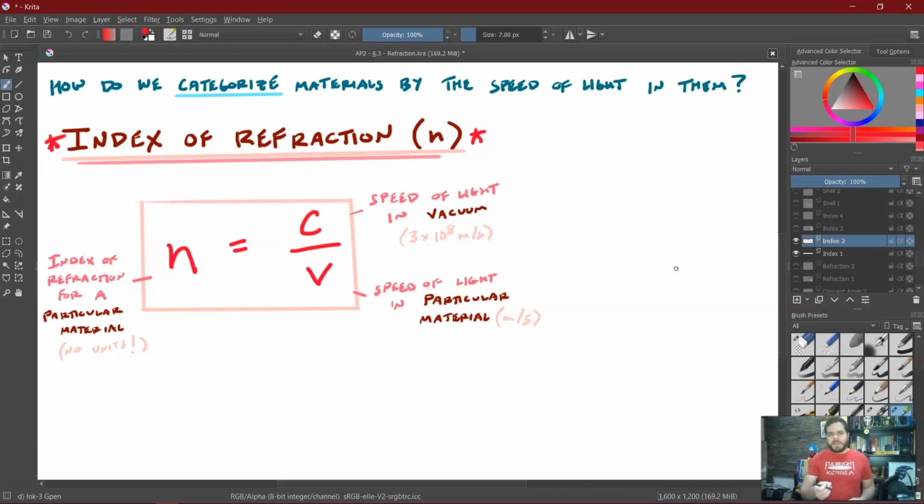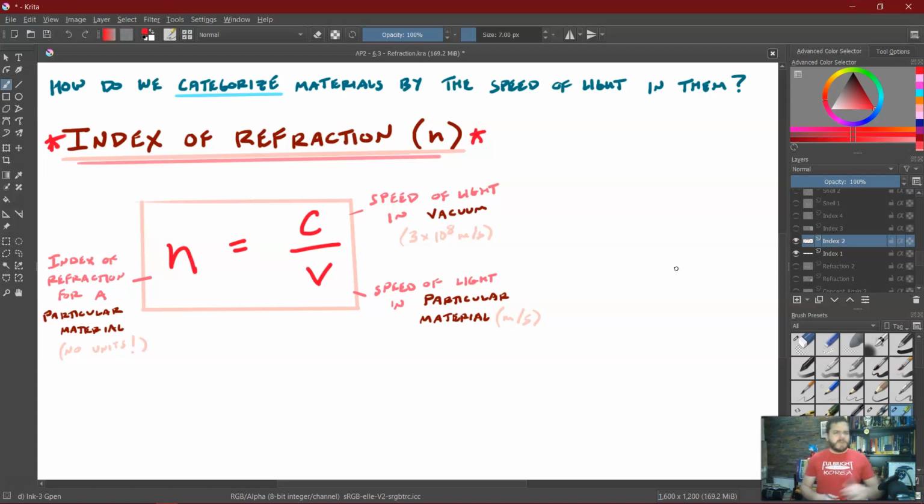And n is equal to c over v, where n is the index of refraction for some particular material, c is the speed of light in a vacuum, so that's 3 times 10 to the 8th meters per second, and v is the speed of light in that particular material, meters per second. Now notice, because we have meters per second over meters per second, this means that the index of refraction is actually a unitless number. It's just going to be some value.